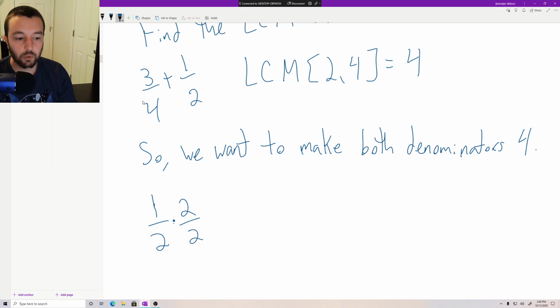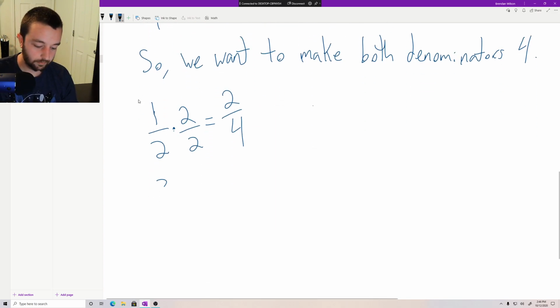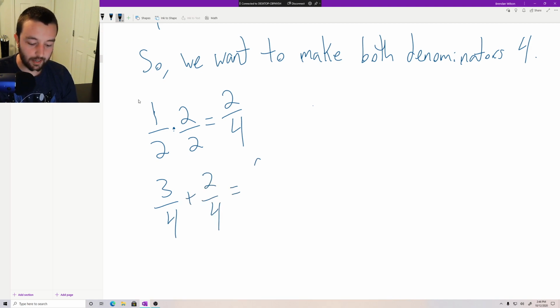So if we multiply 1/2 by 1, we would still have 1/2. Instead of 1, we're writing it as 2 divided by 2, but that's still 1. By doing it this way, we get this answer, 2/4. So we get an equivalent fraction with the denominator that we want. Now that they both have the denominator that we want, we can just add them together like we did in the first section. So we get this.